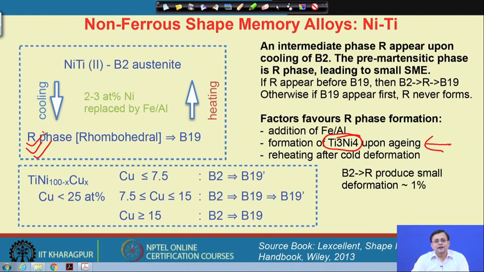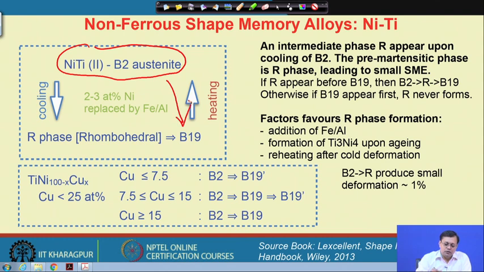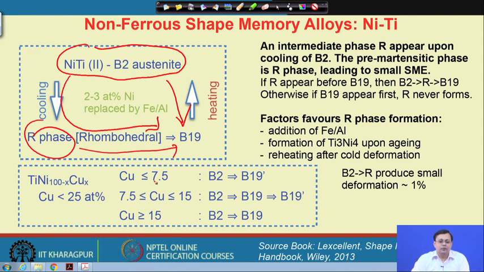Or sometimes after cold deformation, to reduce the vacancies, we reheat the microstructure, and during that time also the R phase formation is sometimes more promoted. This is a very general sequence: directly from a B2 type of austenite, instead of forming B19 directly, the transformation goes in this way, that first R phase forms and then it goes into B19 type of martensite.